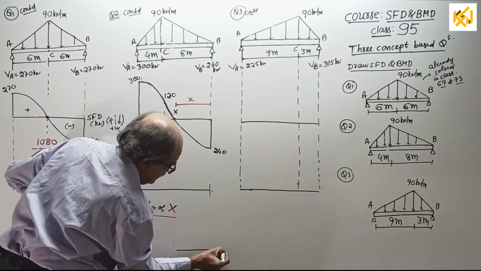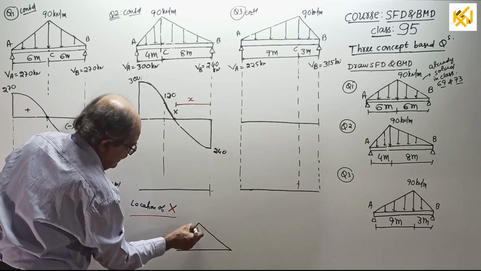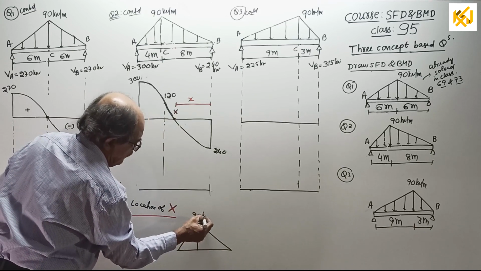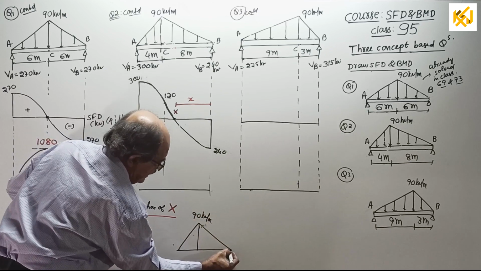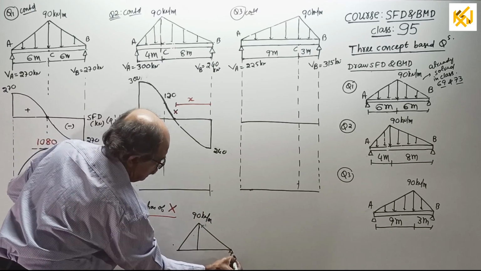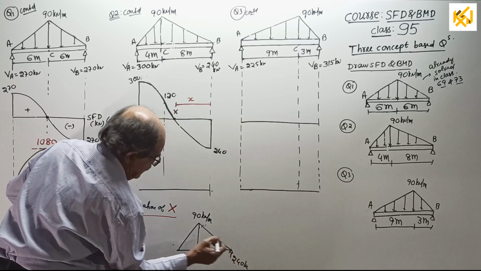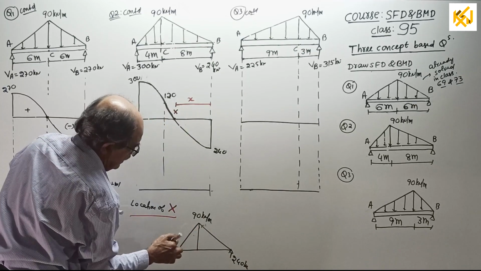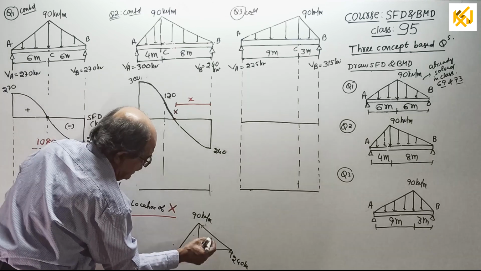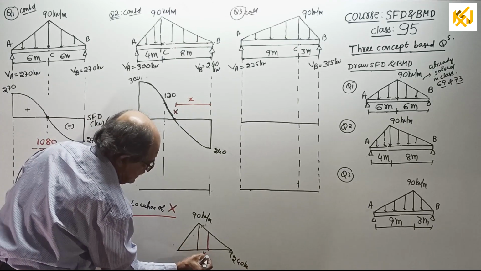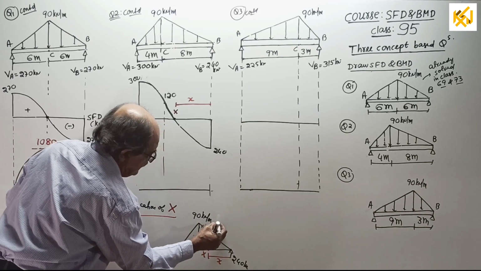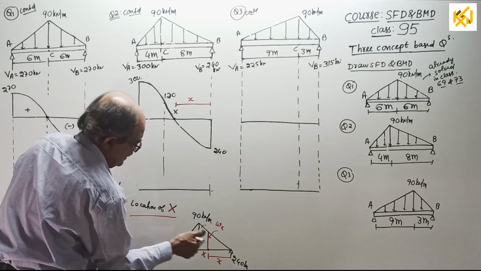See, this is the diagram. This is 90 kilonewton per meter. This reaction is 240 kilonewton. And then this length is how much? This length you can see there, 8 meter. We want a point x at distance x from here, where the intensity is w suffix x.